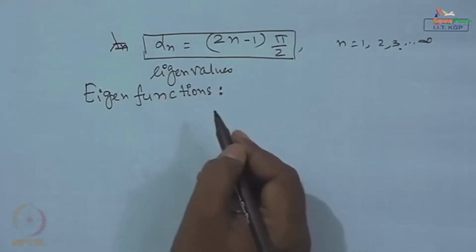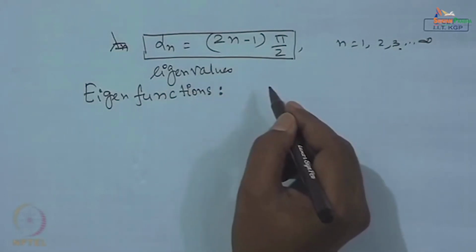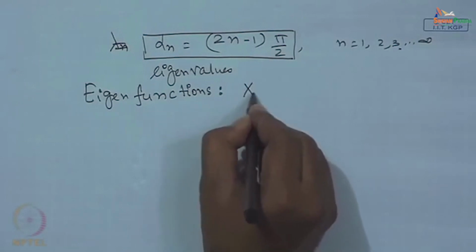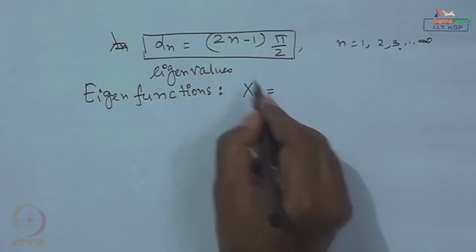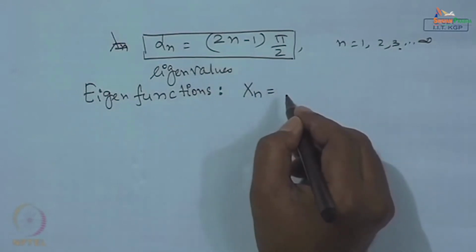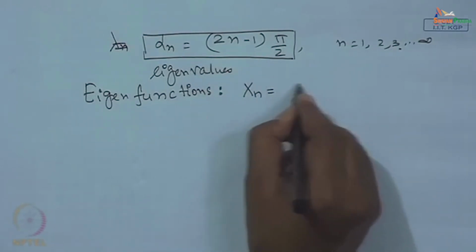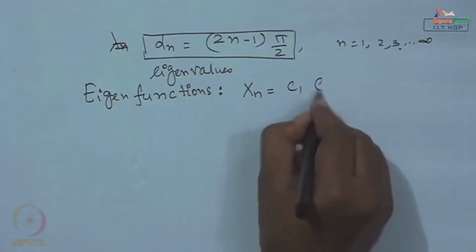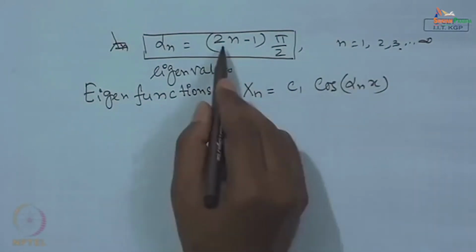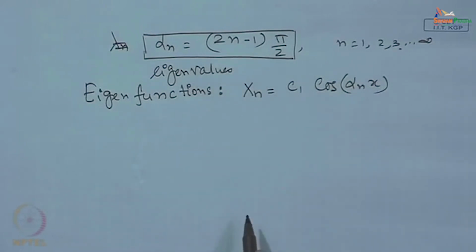We have already seen this in this case the Neumann boundary condition, the eigenfunctions are cosine functions, and X n is corresponding to nth eigenvalue, X n is the corresponding nth eigenfunction. So, this will be C 1 cosine alpha n x, where alpha n is nothing but (2n minus 1) pi by 2.